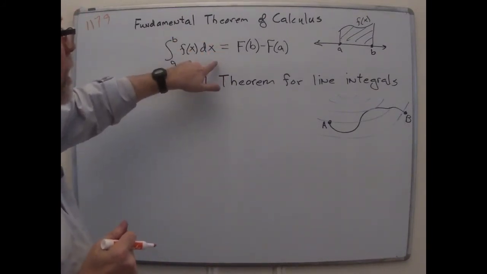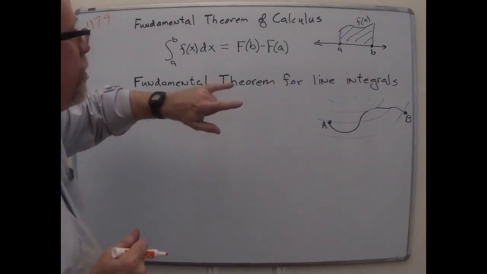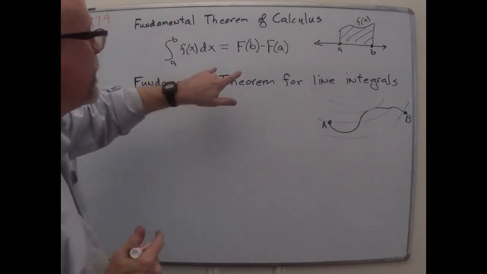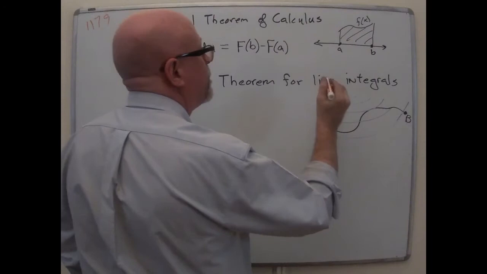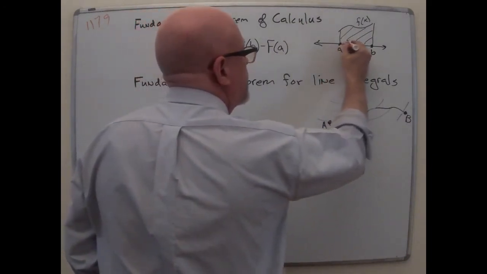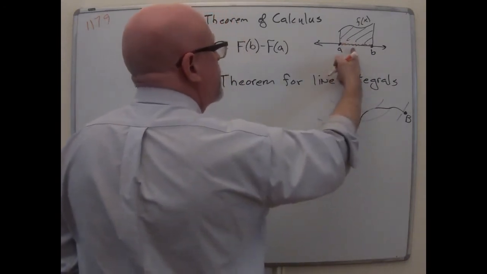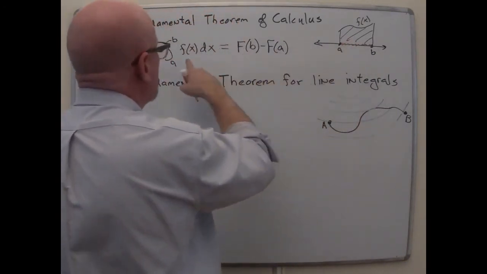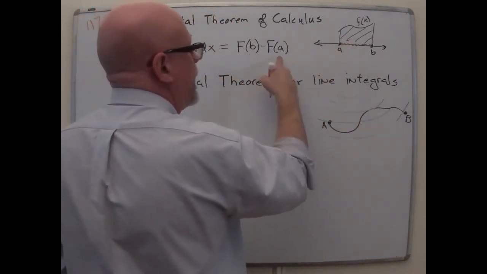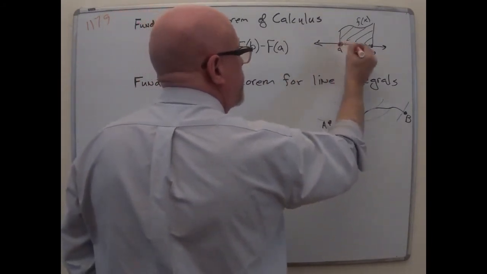The fundamental theorem of calculus, of course, very familiar to us at this point. The big idea here is that you've got an interval over which you're integrating the function, but when you find an antiderivative, capital F for little f, you just evaluate at the endpoints of the interval, the boundary of the interval, A and B.